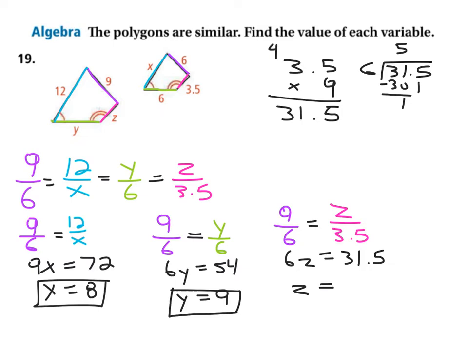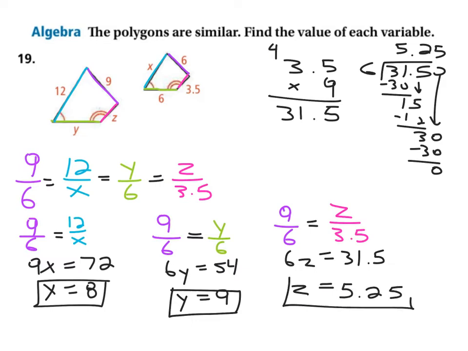Bring down the 1, 1 remaining, bring down the 5. 6 goes into 15, and by the way, the decimal goes straight up, twice. 6 times 2 is 12. 3, let's annex a 0 and bring it down. And we get 6 goes into 30 5 times. That is 30. So then you get 5.25 for z. That's how you do it.